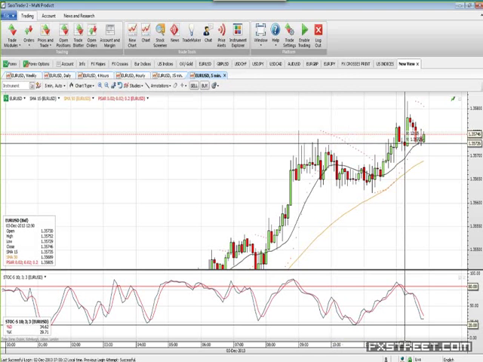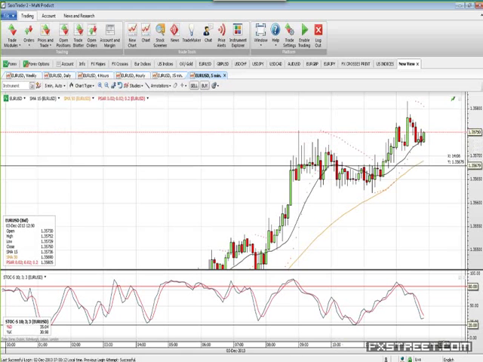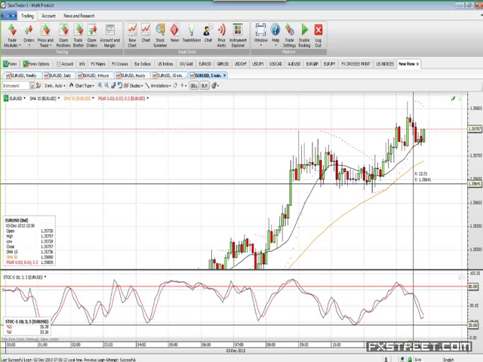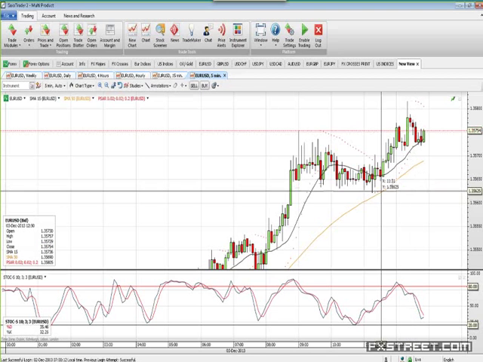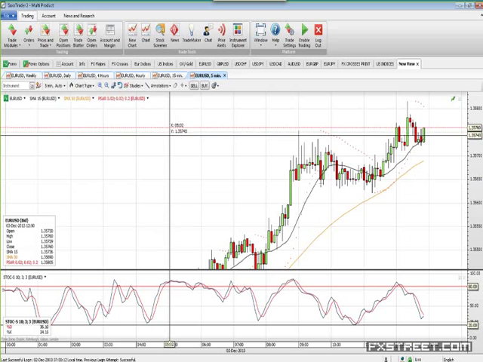A lot of futures traders use 3-minute charts. Then you can see what the trend is and what is happening in those different time frames at the same time, so you're not having to flick through your different time frames. Any questions at all?